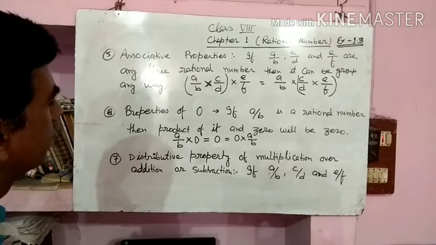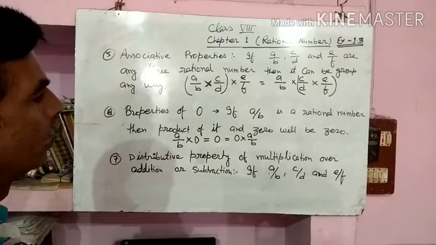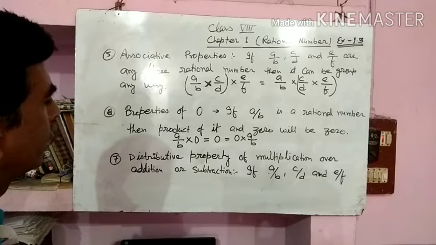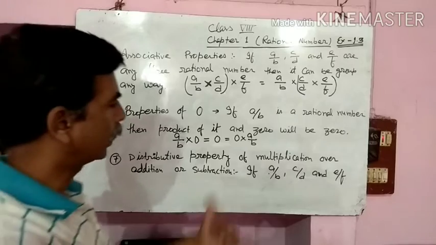The next one is distributive properties of multiplication over addition and subtraction.